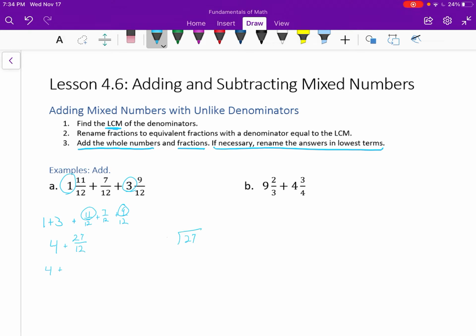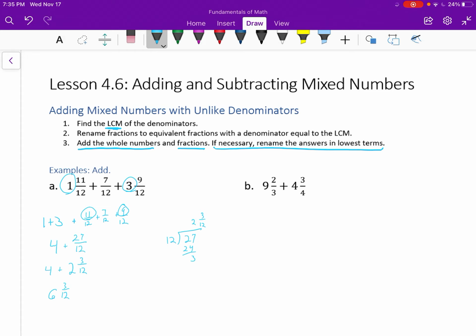So we think, and you might not have to write this out, 12 into 27 is 2 times. That's 24. And so this is 2 and 3 twelfths. Well, 4 plus 2 and 3 twelfths is 6 and 3 twelfths.